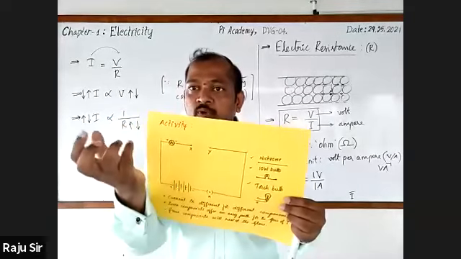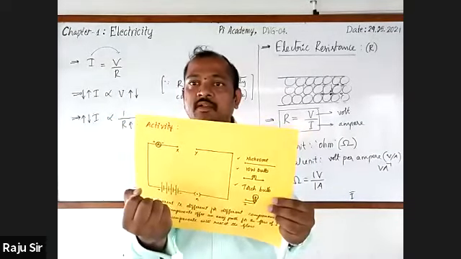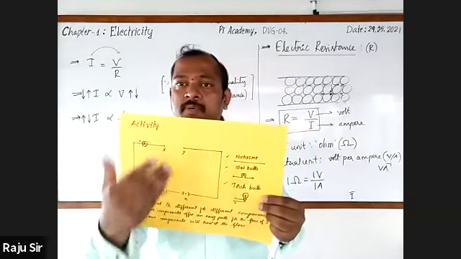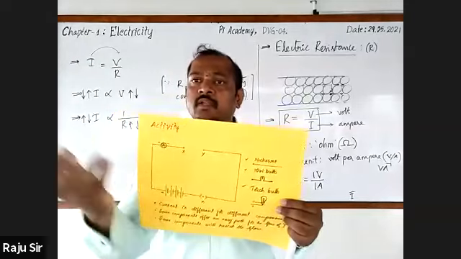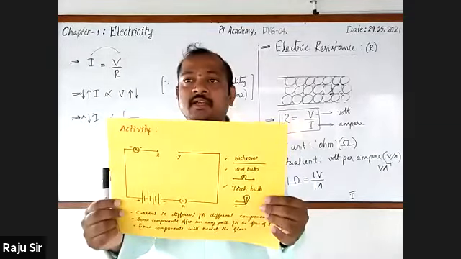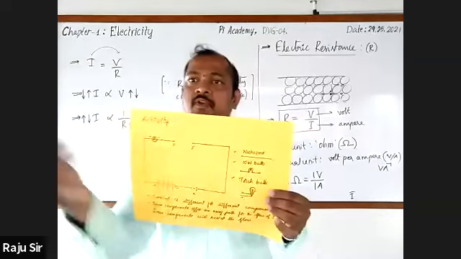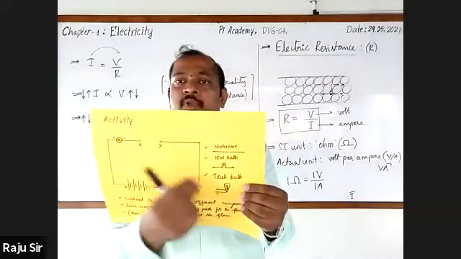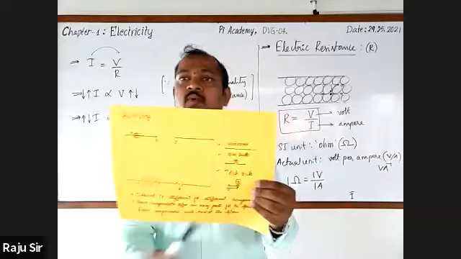Nichrome needs more current, whereas the bulb needs a little less, whereas the torch bulb draws a very small amount of electric current. What is the reason for this? Because the electric resistance is different from one to another.